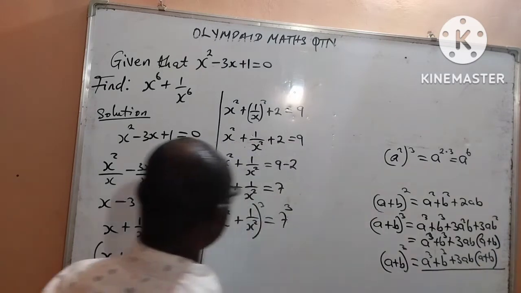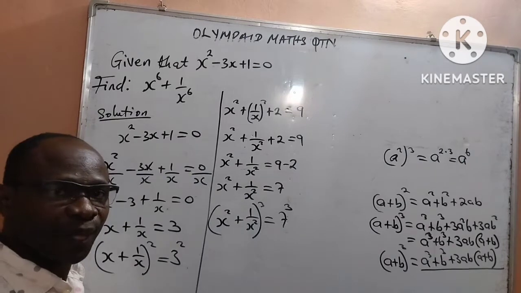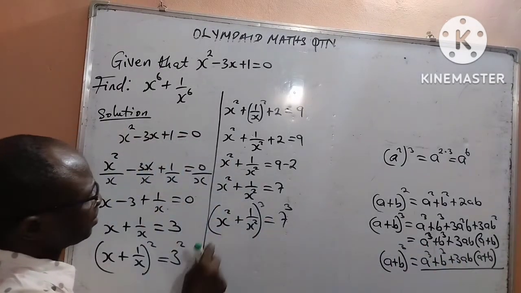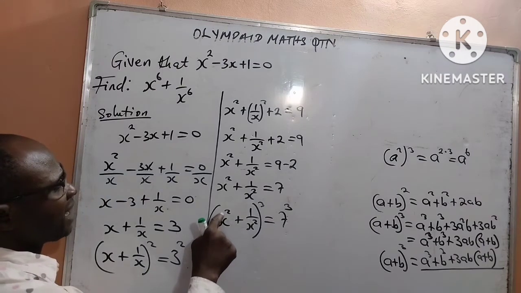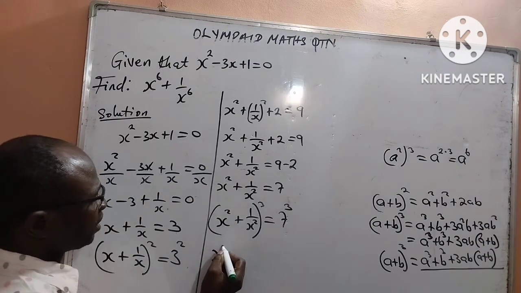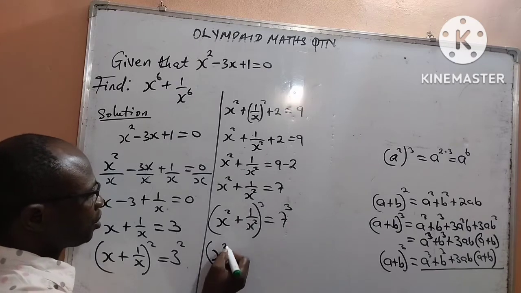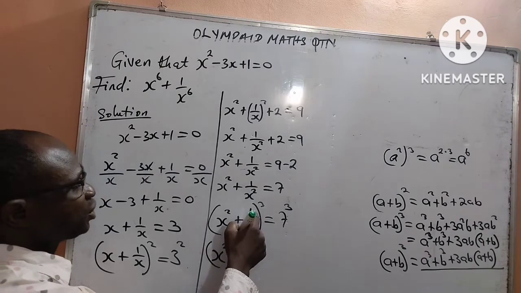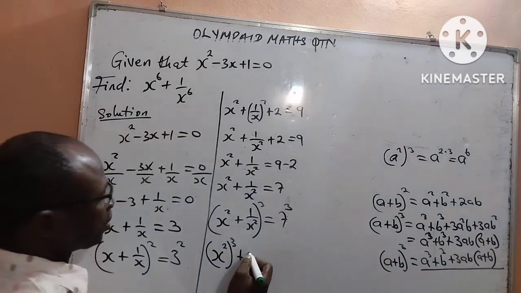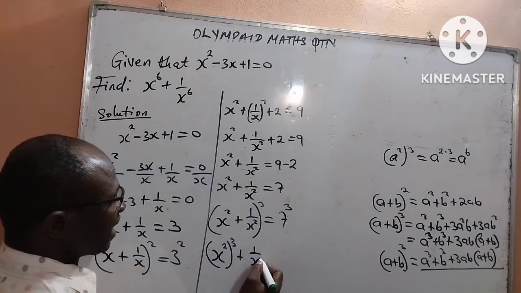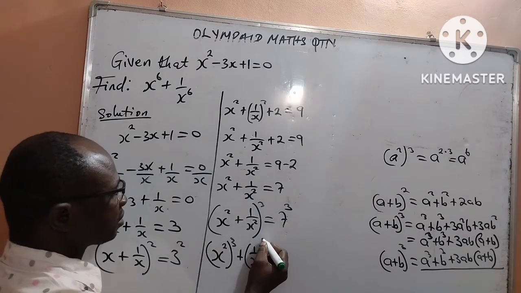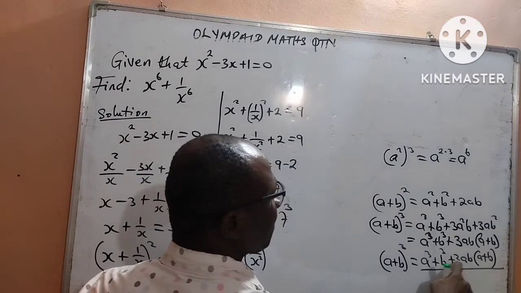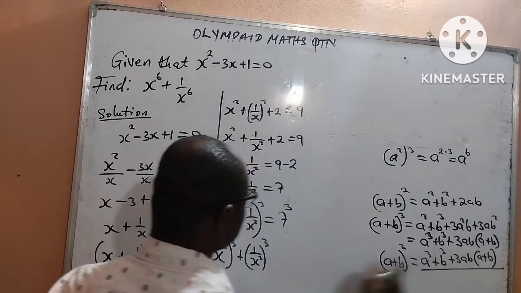I shall now use this here. So applying this knowledge, it implies that if I cube my x squared, it is going to be (x^2)^3, plus I cube the second term, which is going to give me (1/x^2)^3. Then I now have 3 multiplied by the first term, multiplied by the second term.